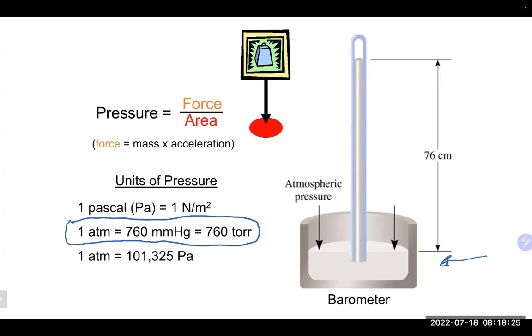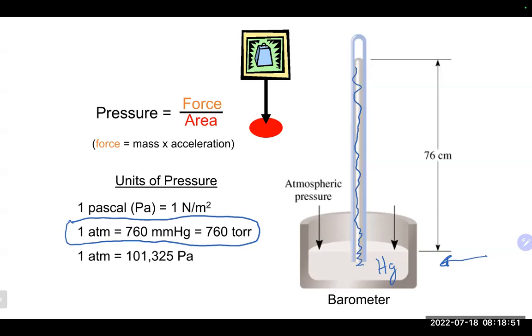That is a barometer, and that is one way that we measure pressure. Old barometers like this one used to be made out of mercury. Basically it was a glass tube in a pool of mercury, and as atmospheric pressure exerted down on the pool of mercury, the mercury would rise in the column.